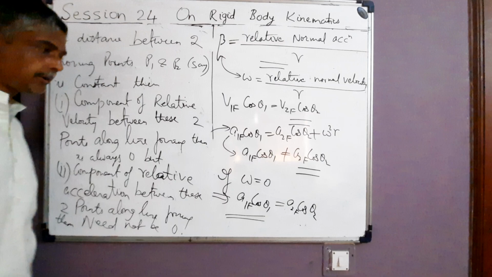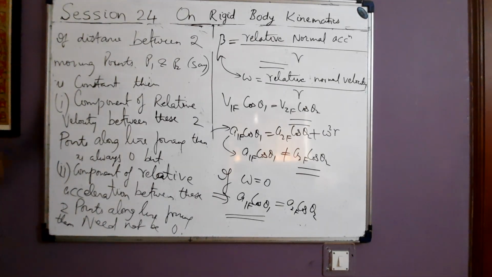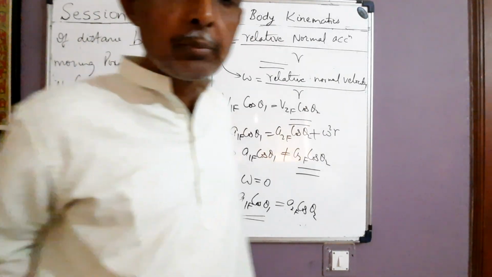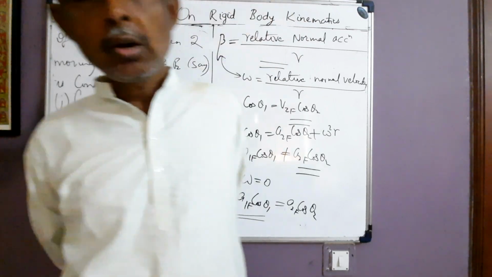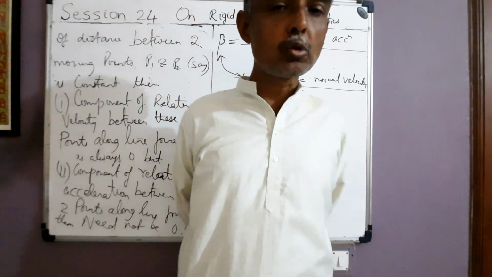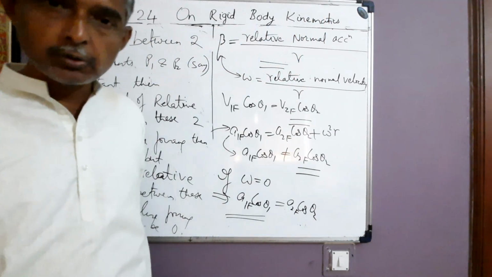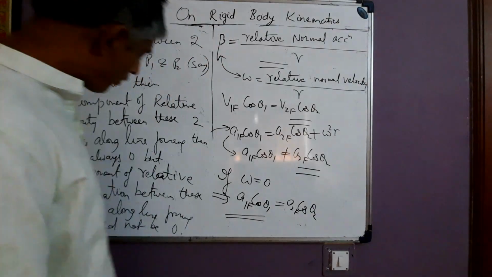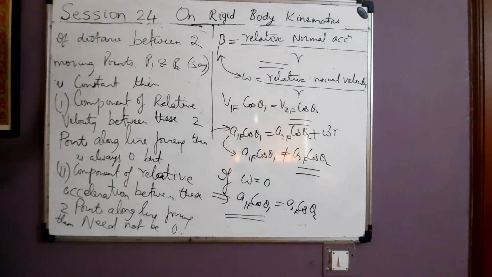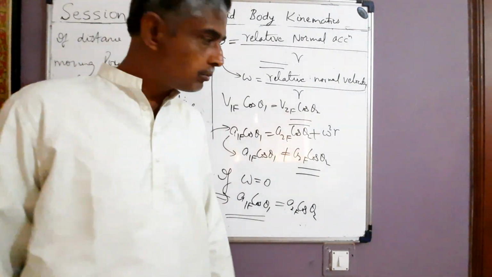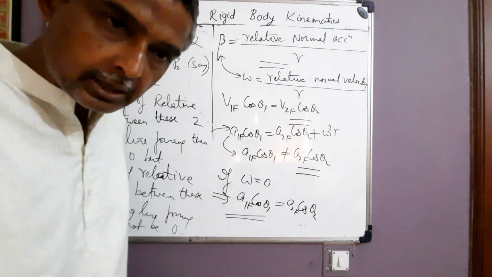So what I have said is, if the distance between two moving points is constant, then the component of relative velocity between these two points along the line joining them is always 0. But the component of relative acceleration between these two points along the line joining them need not be 0 because of this additional rotation term omega square r.